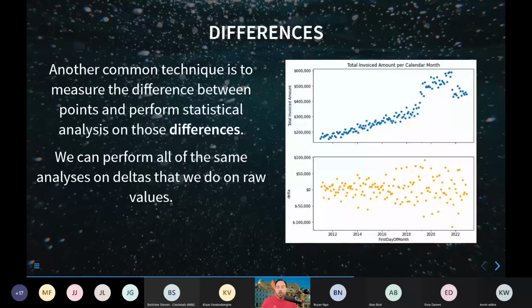Now, we can also do every one of these techniques when comparing the differences in points if you have an ordered sequential data set. Usually that sequence will be over time. So if I have all of these data points, they represent points in time, maybe individual months or individual days. I can get the difference between them, and that's the yellow bar here, and I can do all of the same analysis: looking at MAD, mean and standard deviation, change point analysis, detrending.